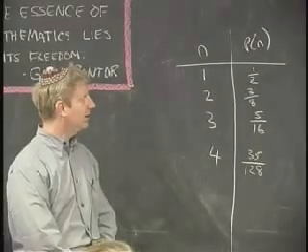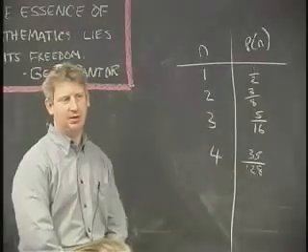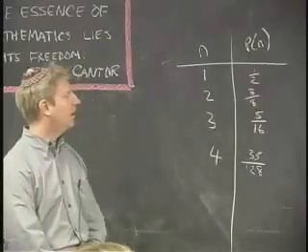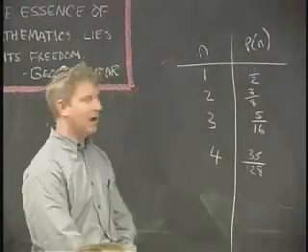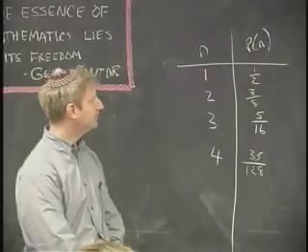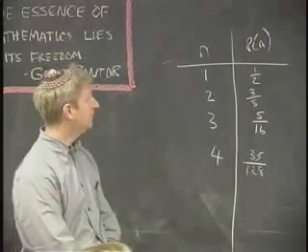Okay. Nobody sees a pattern yet. How do I know what the next one's going to be without looking? Some kind of power of 2 on the bottom. And what happens on the top? It's tricky, huh?